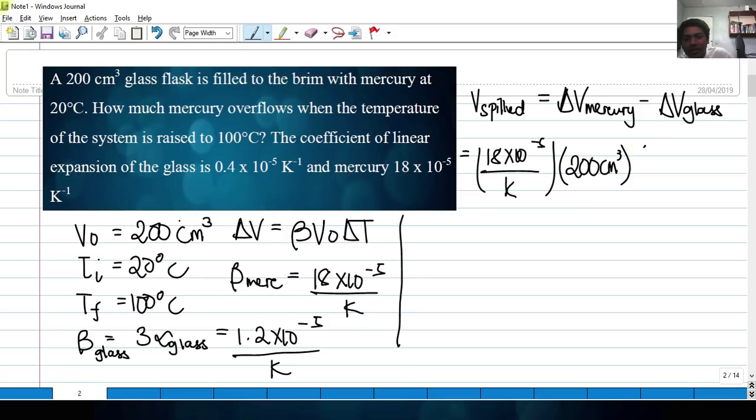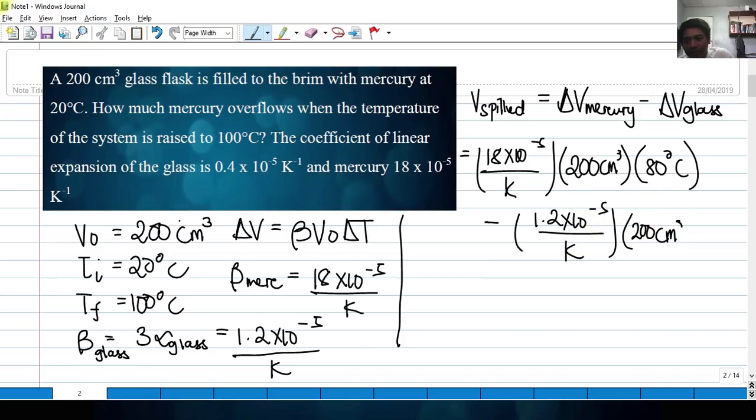Then the delta T is 100 degrees Celsius minus 20 degrees Celsius, that is 80 degrees Celsius. Minus the beta of the glass, that is 1.2 times 10 raised to negative 5 per Kelvin, multiplied also by the 200 cubic centimeters of the volume of the glass. They have the same volume. And multiplied also by, of course, 80 degrees Celsius.